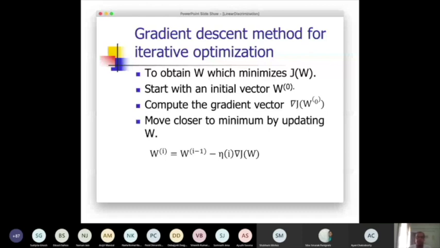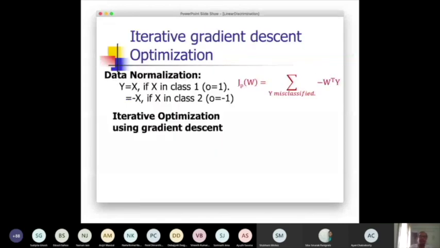This is a positive scale factor, because it shows the step along this direction, and we also call it the learning rate. With respect to this particular error function, if I apply the partial derivative computation, it is very simple. With respect to W, you get only the minus y's.